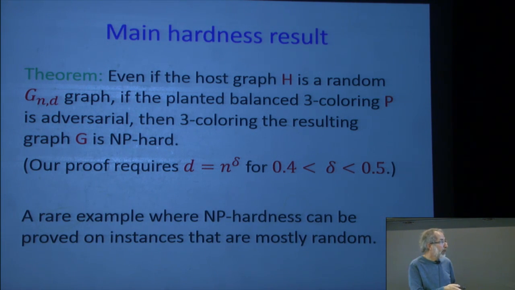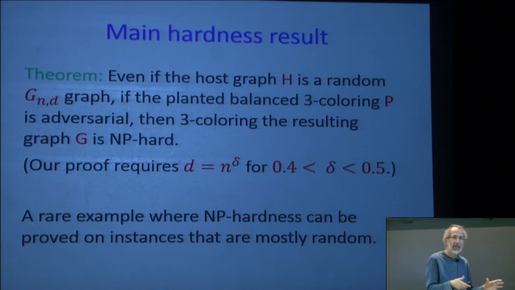What's nice about this theorem is that it's a rare example where NP-hardness can be proved on instances that are mostly random. Almost everything about this instance looks random. The adversary does have some choice here of how to plant the coloring, and this is enough to make the problem NP-hard.